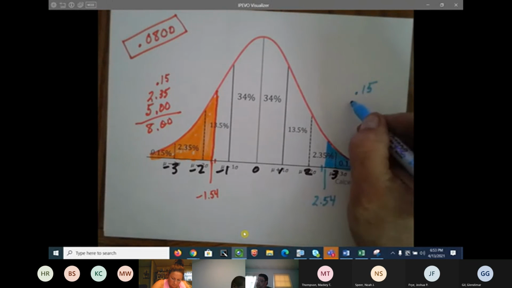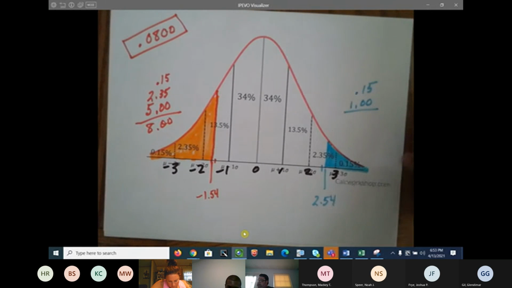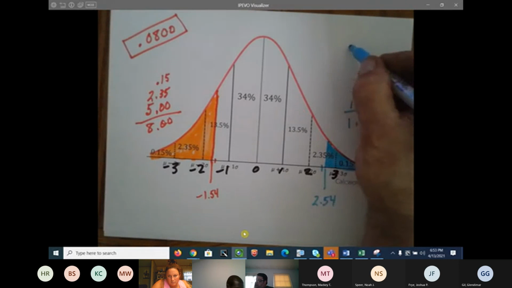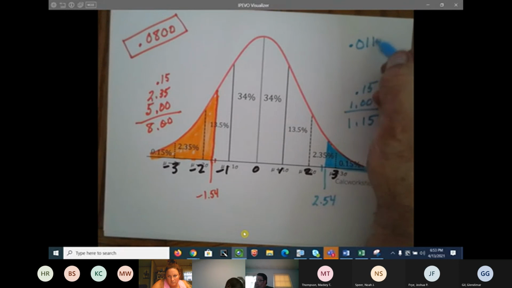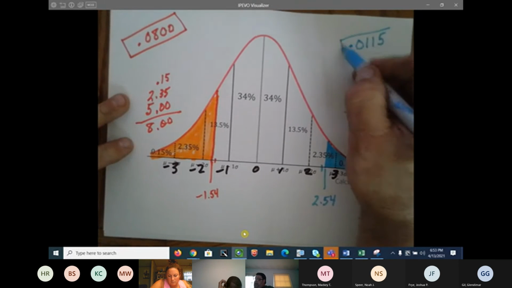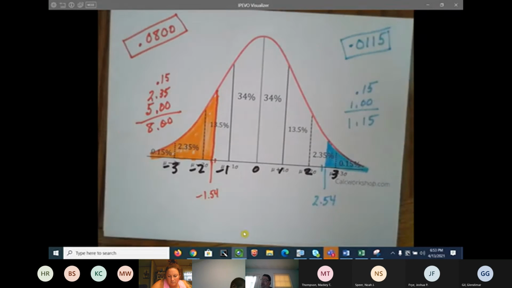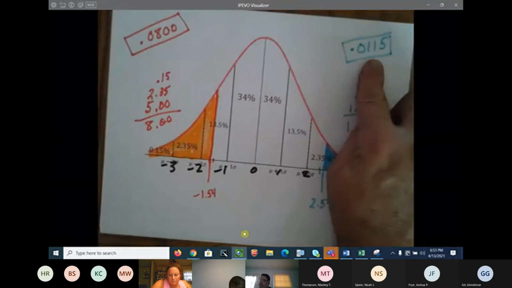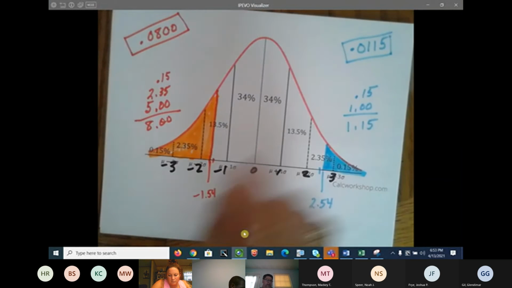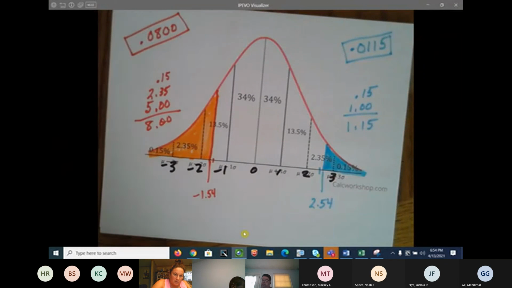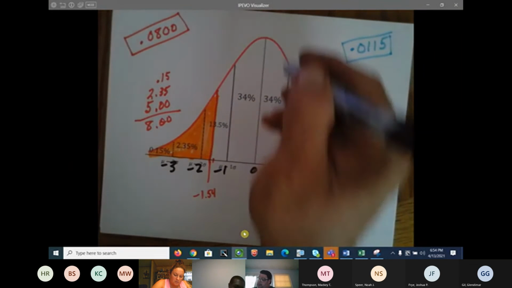So I'm just going to say 1.00, and I get 0.0115. So my estimate for this problem is, what's 8 cents plus 1 cent? 9 cents. So 0.0915, and I'm going to write that in black because that's my estimate.